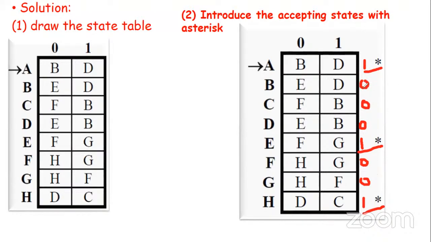So this interpretation is what we know as the zeroth equivalence. When you change all these asterisks to 1 and any other states to 0, it is known as the zeroth equivalence. Do you understand? Do you understand up to this point?